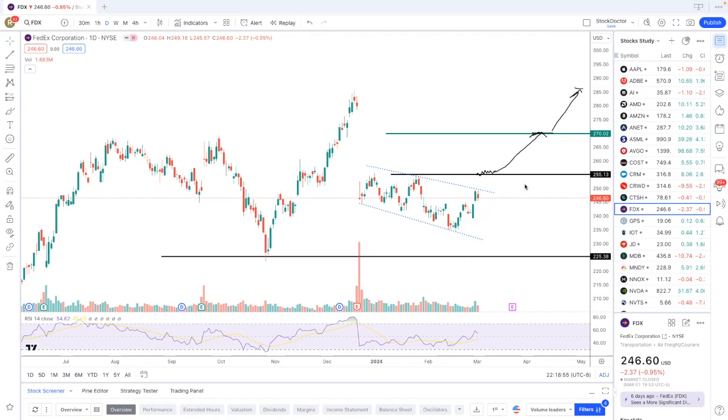And it has two supports. If it doesn't sustain above 255, then there is a possibility that it can come towards 240 and 225. So this was about FedEx.